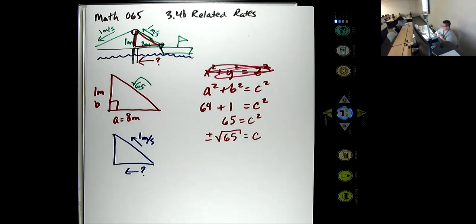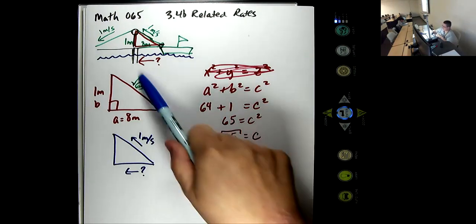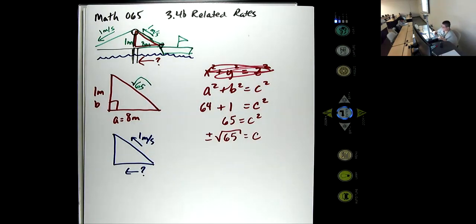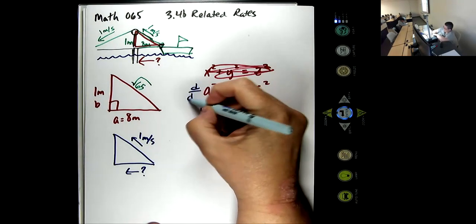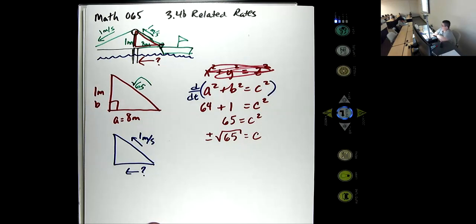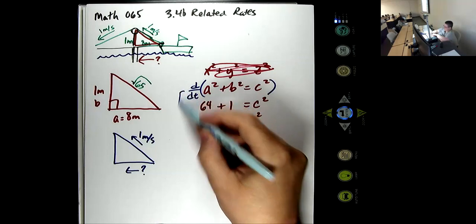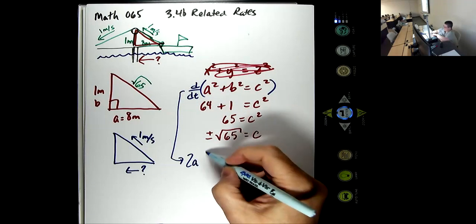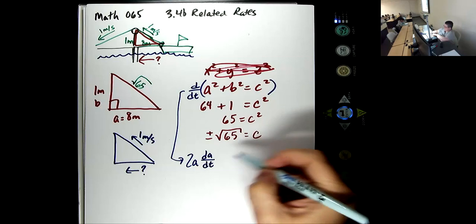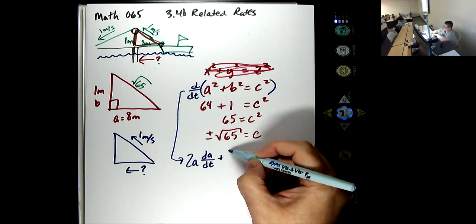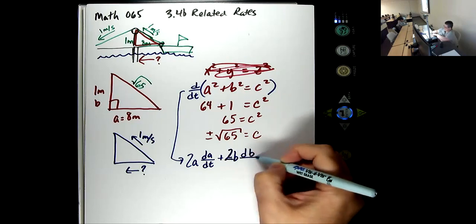Well, these things are changing with time. So we could take the time derivative of this equation right here. But we've got to do it implicitly, the implicit differentiation. So when we take the derivative, a squared gives us 2a dA/dt. And b squared gives us 2b dB/dt.